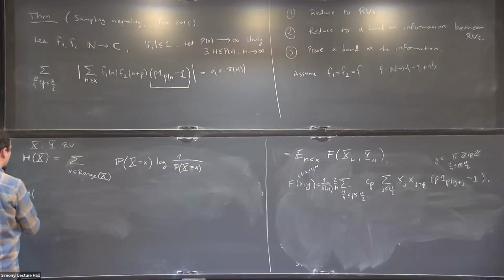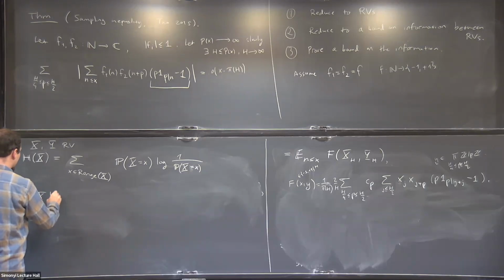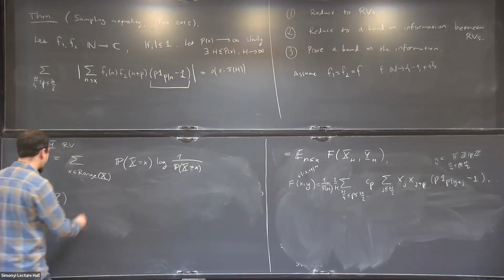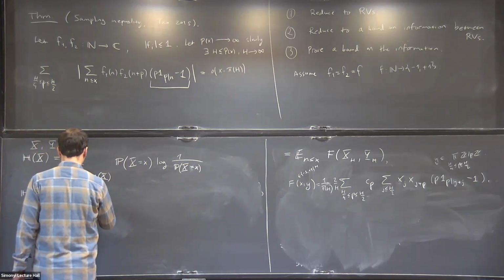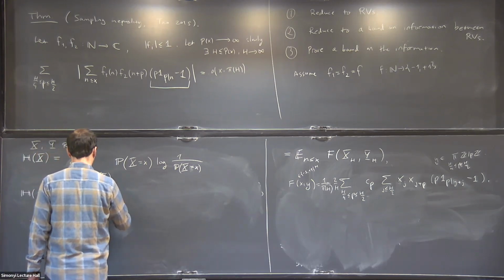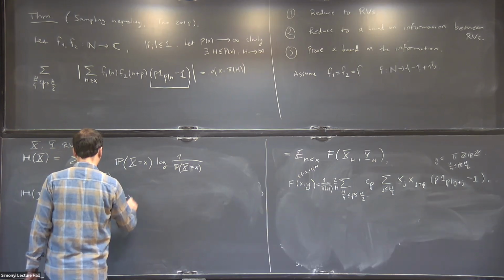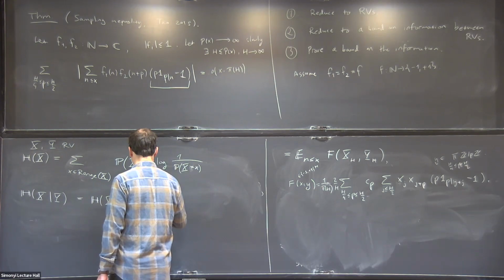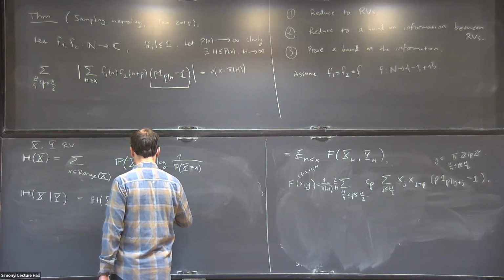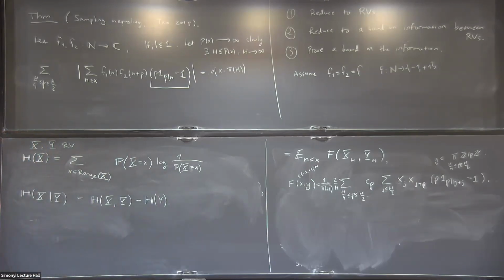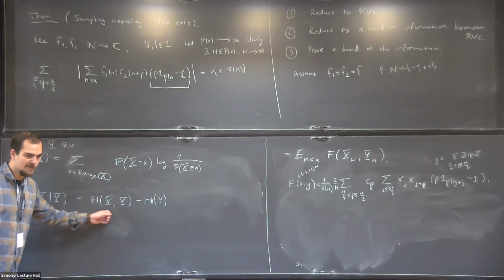You can generalize this to conditional entropy. If you have two random variables, the conditional entropy of X given Y is the entropy of the pair X comma Y minus the entropy of Y. The pair X comma Y is another random variable which takes values in a bigger space.